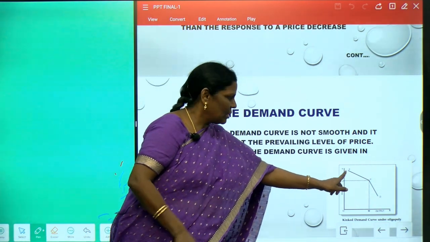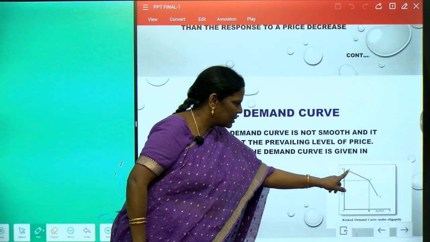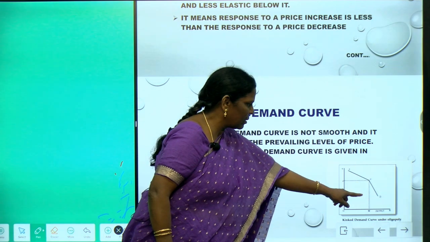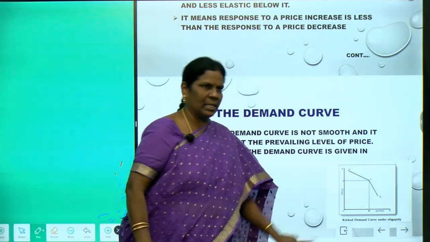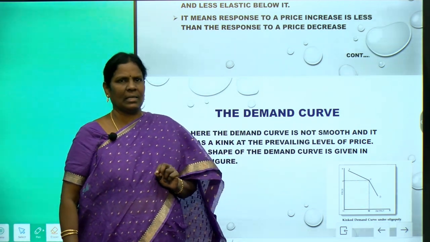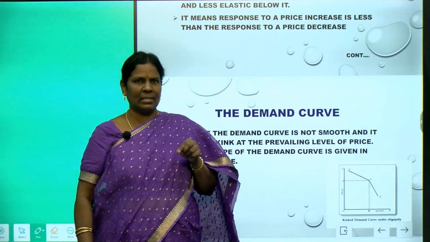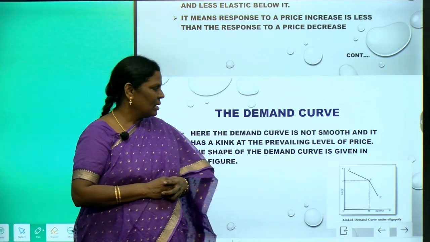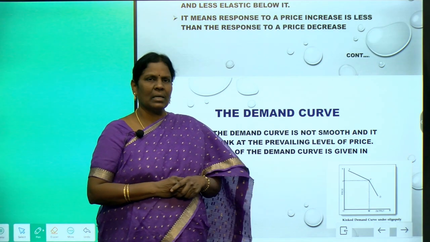The first part of the demand curve is dP, and the second part of the demand curve is again PD. In between, there is a kink.